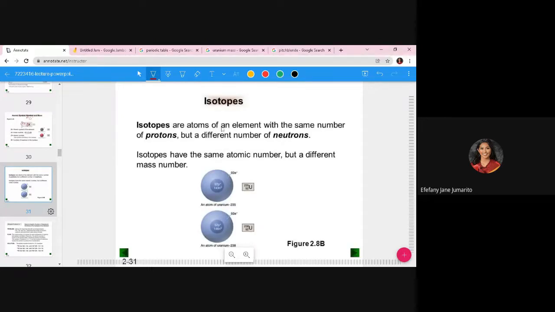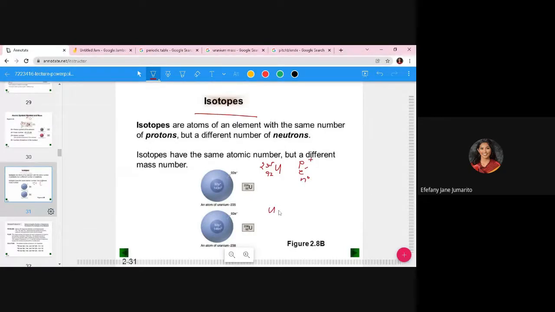Now we have another definition: isotopes. Isotopes are atoms of an element with the same number of protons but a different number of neutrons. Here we have uranium 235. How many protons, electrons, and neutrons?